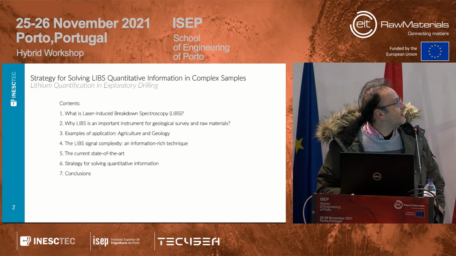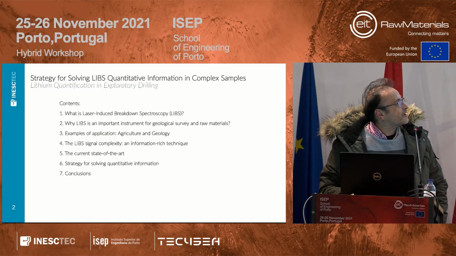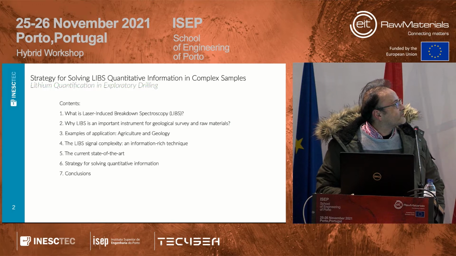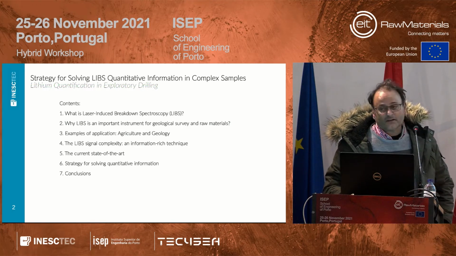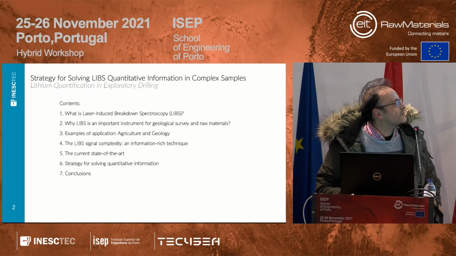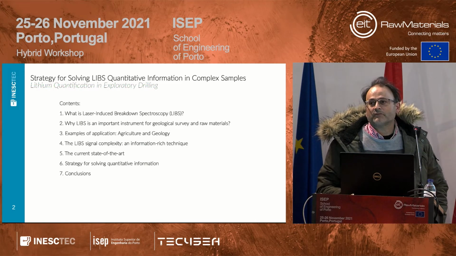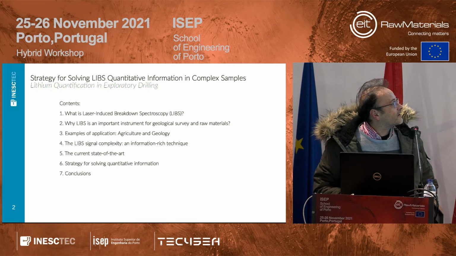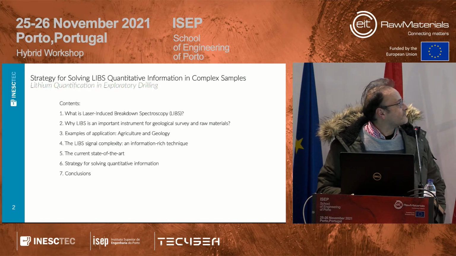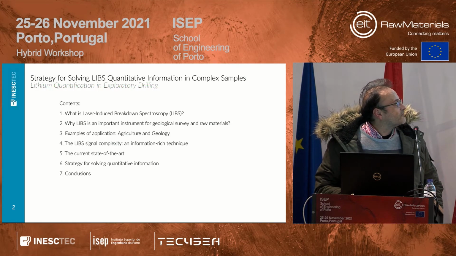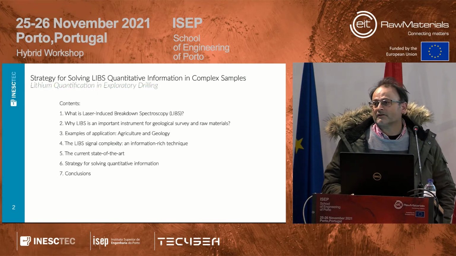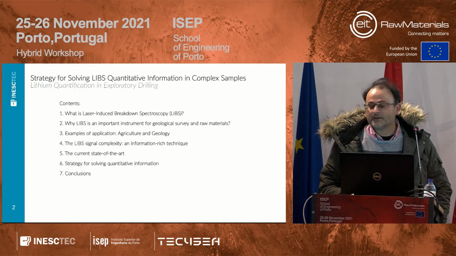So I will be covering very lightly what laser-induced breakdown spectroscopy is and why LIBS is important for geological survey in raw materials. I will give you some examples that we have done in agriculture and geology, and then we'll go forward with LIBS signal complexity, because it's a really information-rich technique.